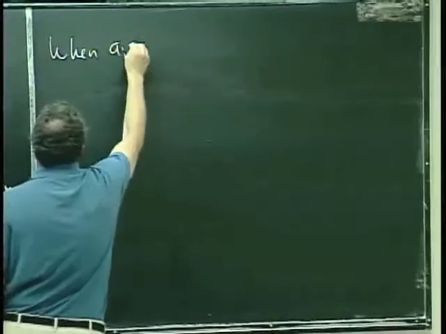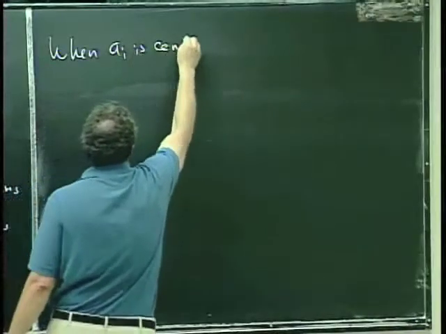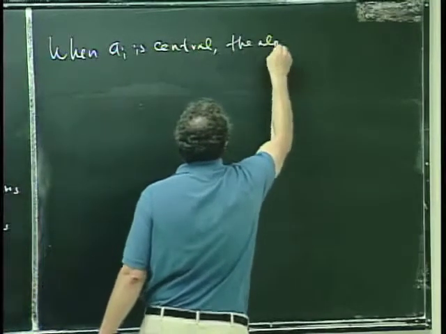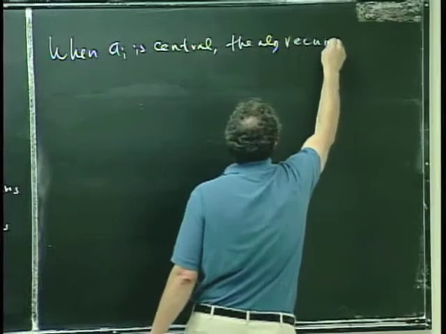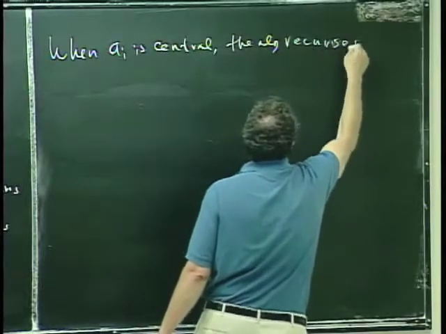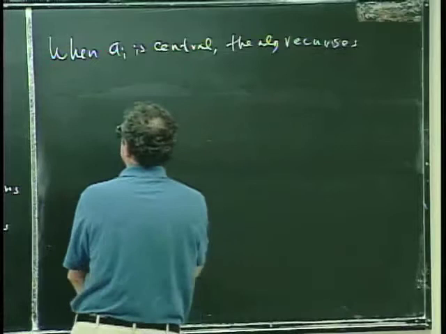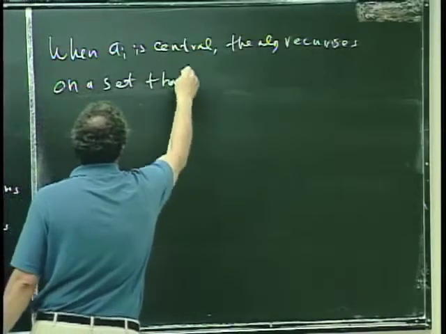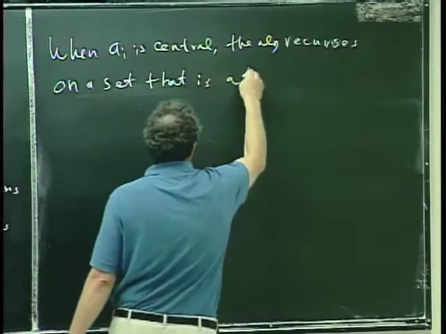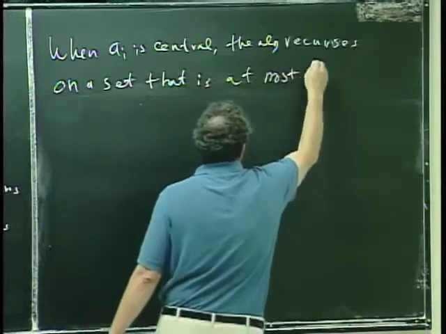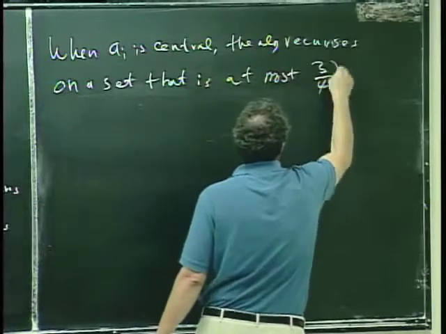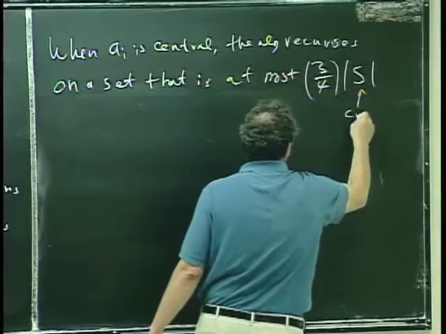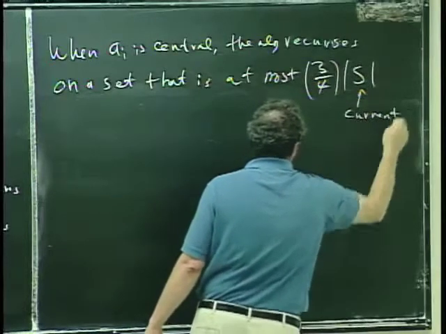When a_i is central, the algorithm recurses, well, if it recurses, it either finishes right there, or it recurses on a set that is at most 3/4 the size of the current S. Okay?